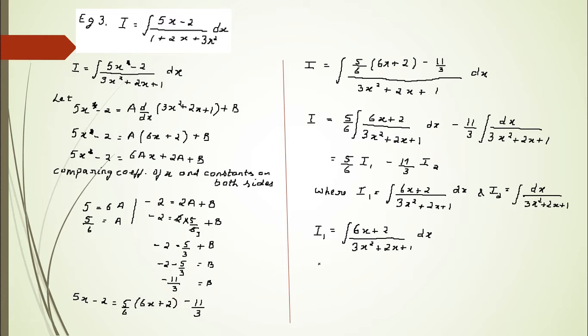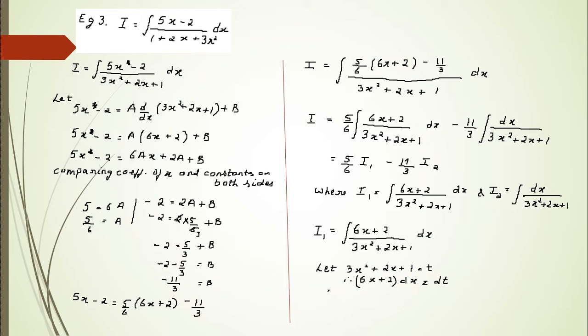Therefore, let 3x square plus 2x plus 1 is equal to t. Therefore, differentiating both sides, we get 6x plus 2 into dx is equal to dt, right?